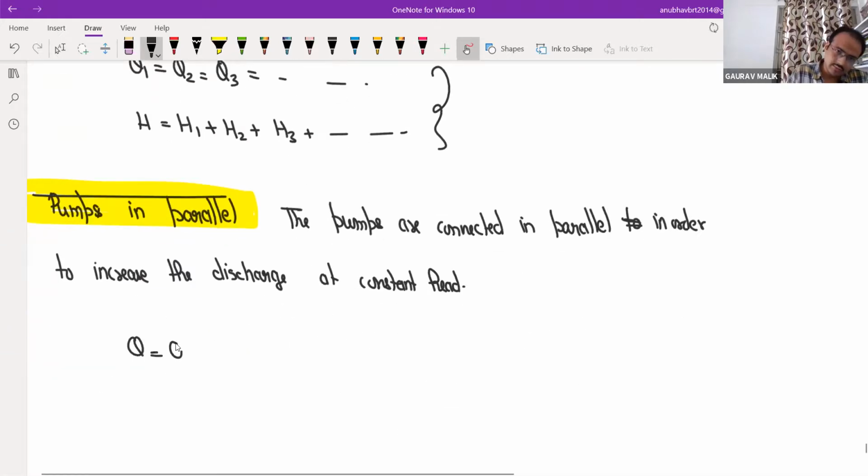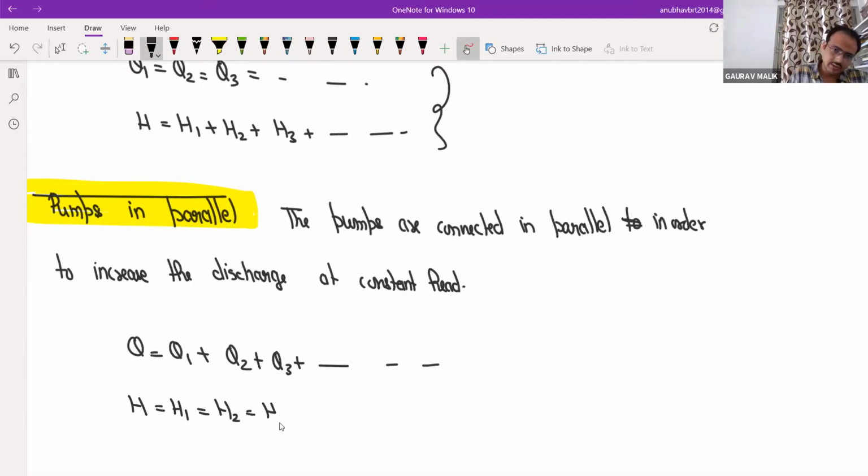So Q is equal to Q1 plus Q2 plus Q3, and so on, and H is equal to H1 is equal to H2 is equal to H3. These are pumps in parallel.